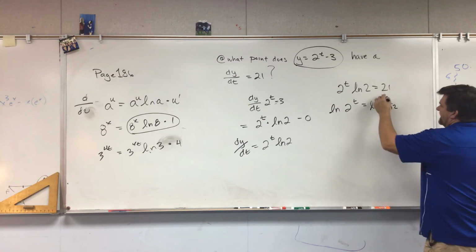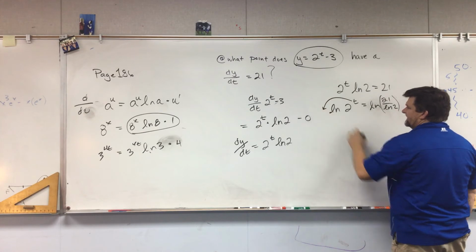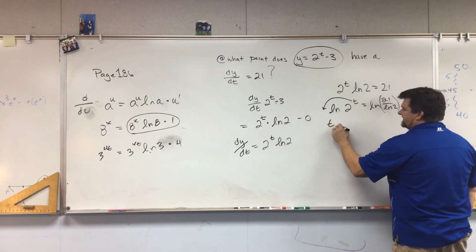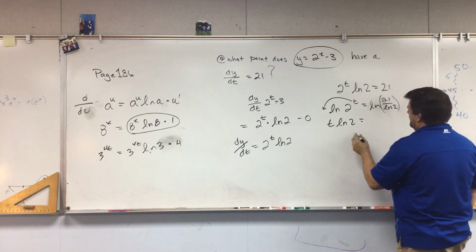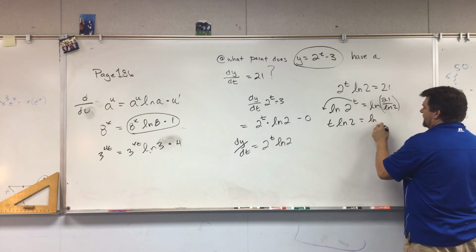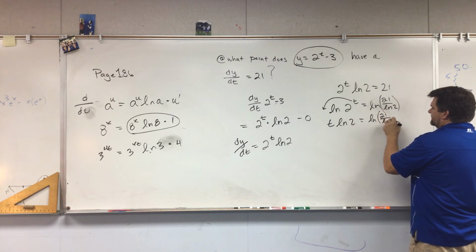All right. So we have this. Now I can move this t out front. I get t natural log of 2. This is a property, and that's going to give me the natural log of 21 over the natural log of 2.